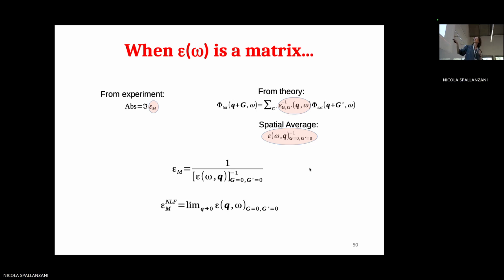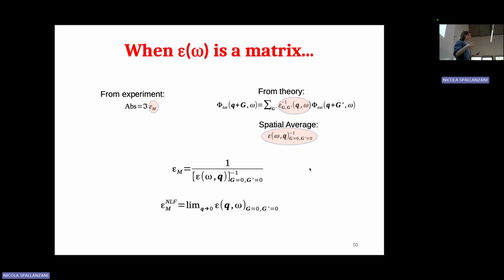But in order to connect the macroscopic dielectric function and this quantity, we have to calculate 1 over this quantity, and the tricky point is that you have a matrix in terms of G and G prime, and you have to invert this matrix.